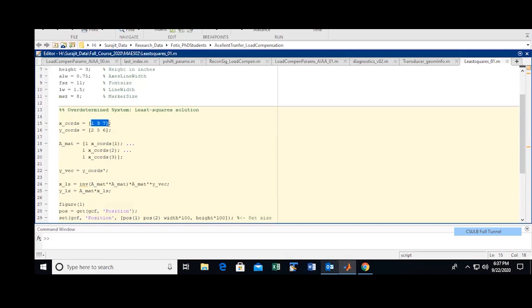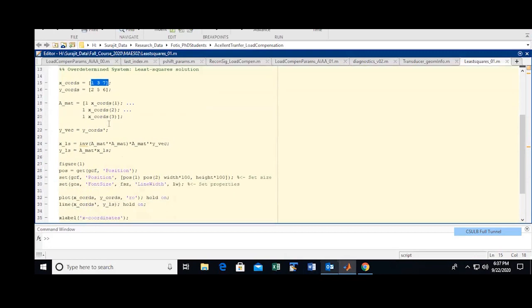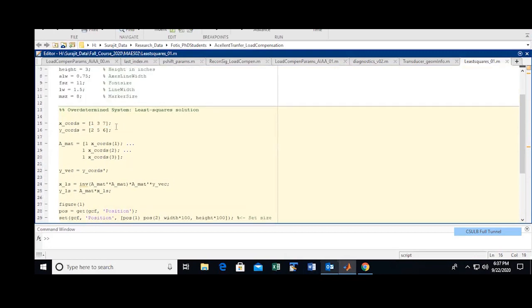I hope this screen is visible on your desktop, right? Yeah, I can see it. Okay, so what I did is I basically coded the same things that we are doing, the same system of equations. We have data points here, 1, 3, signal here. Just give me a second, guys.